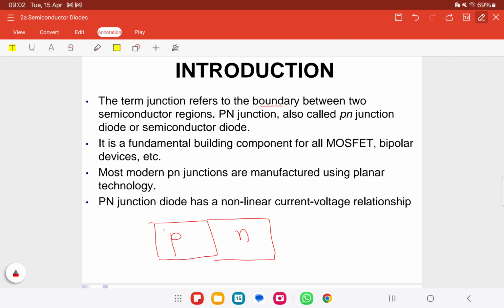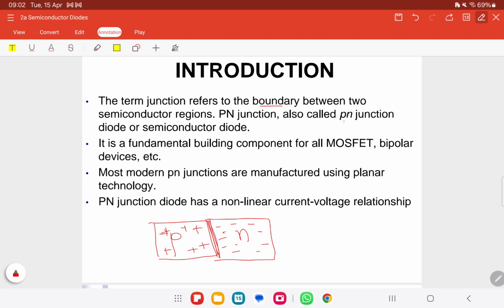Positive charge, so majority dia adalah positive ions. For N type, electrons, so negative. For sure because we put positive and negative majority carriers together, dia akan ada something kat tengah ni will happen. The term junction refers to the boundary between two semiconductor regions.